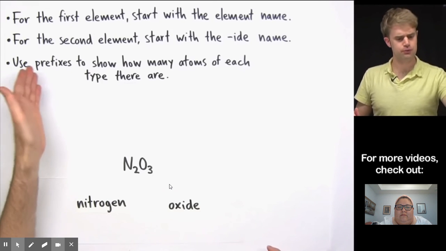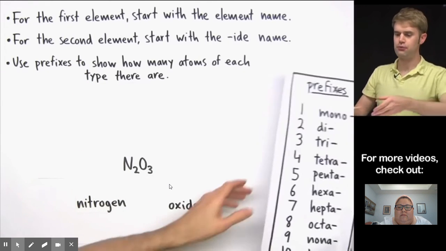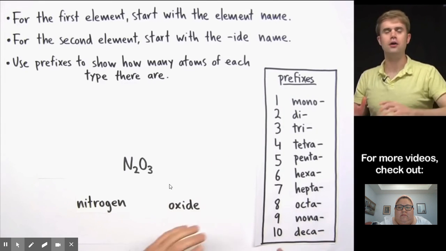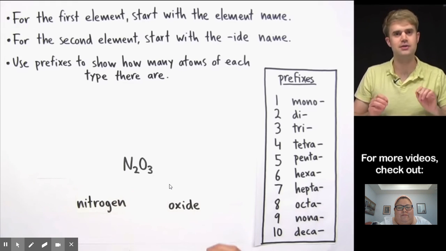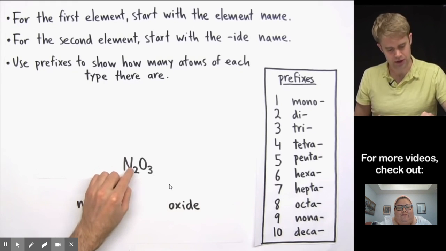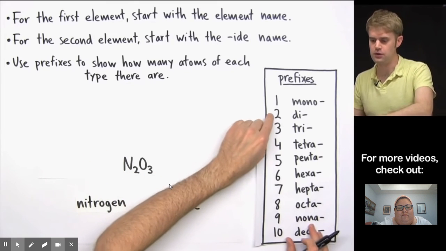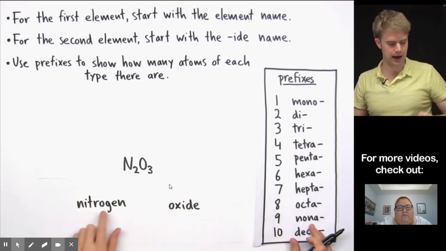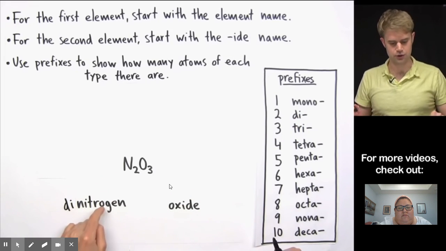Now, use prefixes to show how many atoms of each type there are. The prefixes, here's a list of them, are like these little tags that we put on the front of each name to tell us how many atoms of each type we have. So, N2, we got two nitrogens, which means that we want to use this prefix for two, di. So put that in front of the element name, dinitrogen.